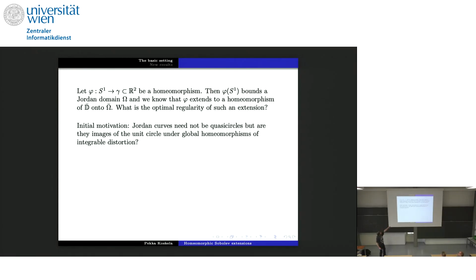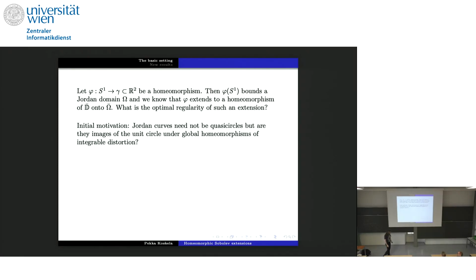So I want to find a homeomorphism of the entire plane that parametrizes the Jordan curve and has nice properties. So a natural thing to do is to take G, the conformal map of the exterior to the exterior. So now I have W^{1,2} locally up to the boundary, right?